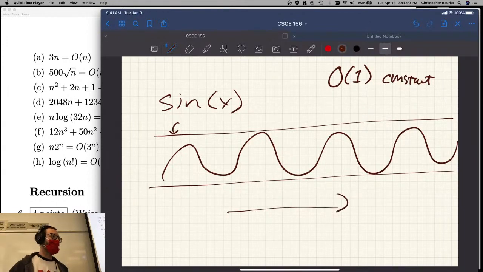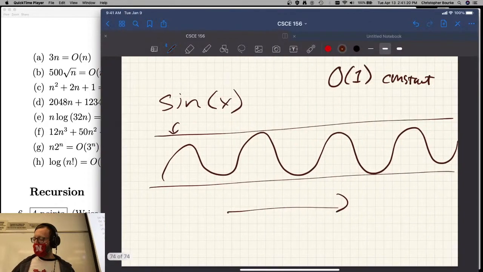As the input size grows, it's always bounded by 1 if it's sine. And so we can say that something is order 1. In other words, it's constant. It doesn't depend on the input size. It's just a formula evaluation or something.